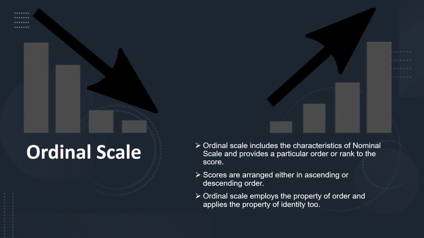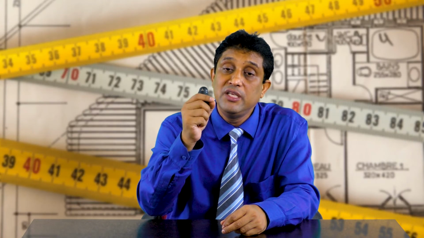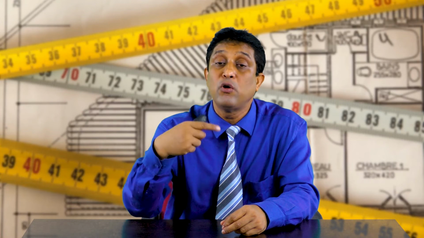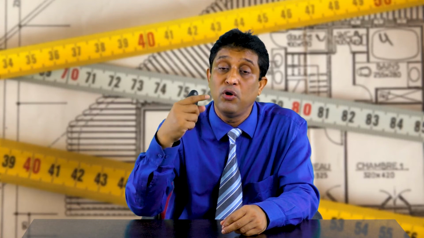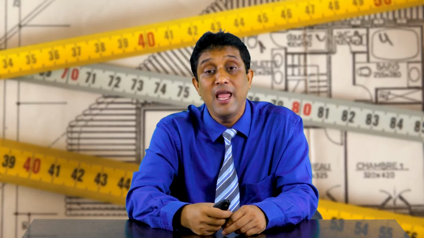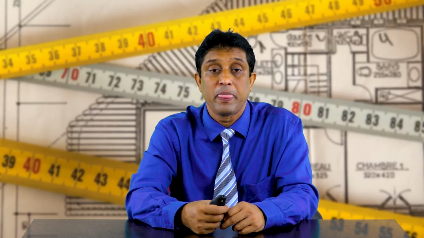That means here you are not only simply classifying, not only simply using symbols or names or providing certain scores. Further, you are also ordering them, arranging them in terms of certain rank, so far as their abilities and other criteria and characteristics are concerned.